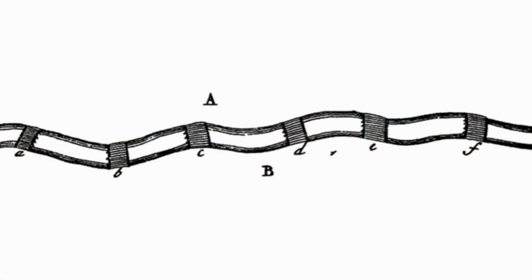What Euler did, and what a lot of mathematicians like to do when they're trying to solve a problem, is reduce it to a very simple case. So here we've got two land areas, A and B, and 6 bridges, a, b, c, d, e, and f. So we can look at what happens when we have an even number of bridges connecting the two land areas, like we have in this diagram, or an odd number of bridges.